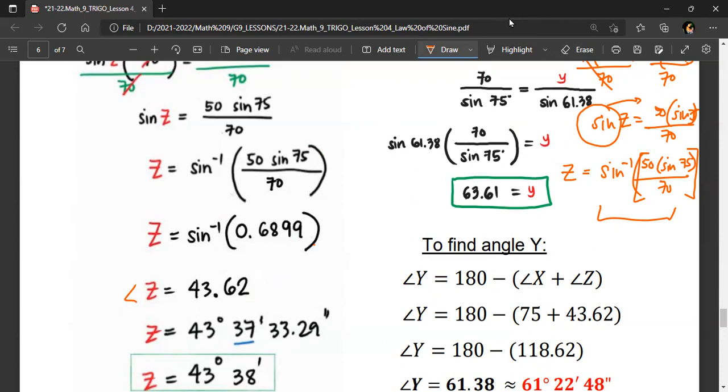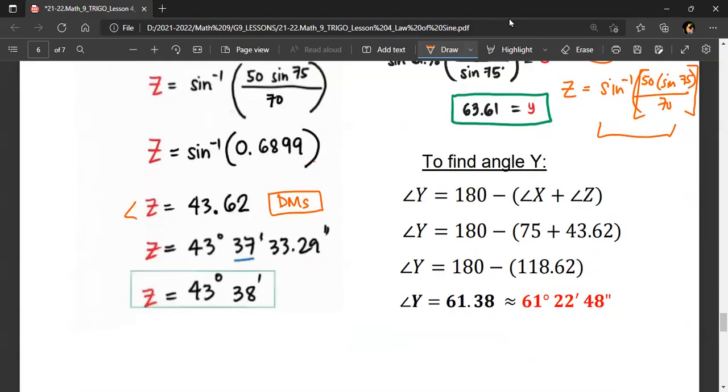Now, this 43.62, when I press the DMS, converting it into an angle, I have come up with this kind of angle, reading 43 degrees, 37 minutes, and 33.29 seconds. Now, why did I change it into number 38? I changed it into number 38 simply because the next value over here is beyond half of the minutes.